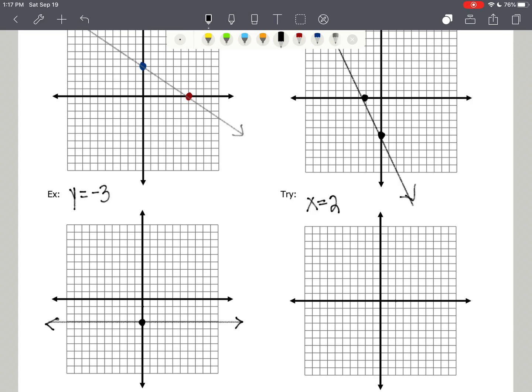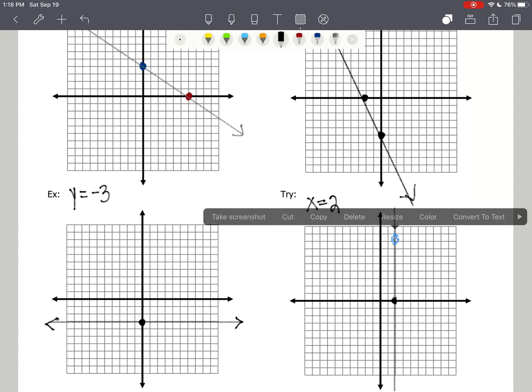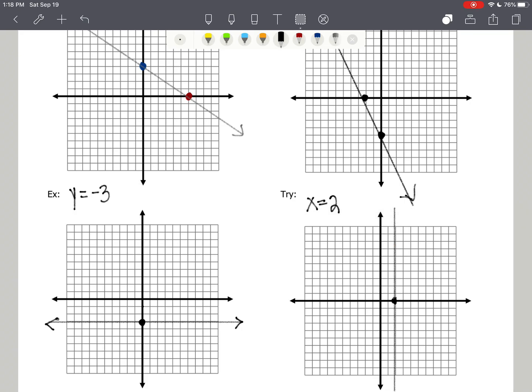I put a point where x equals 2, and then I draw a straight line that goes through that point, with arrows.